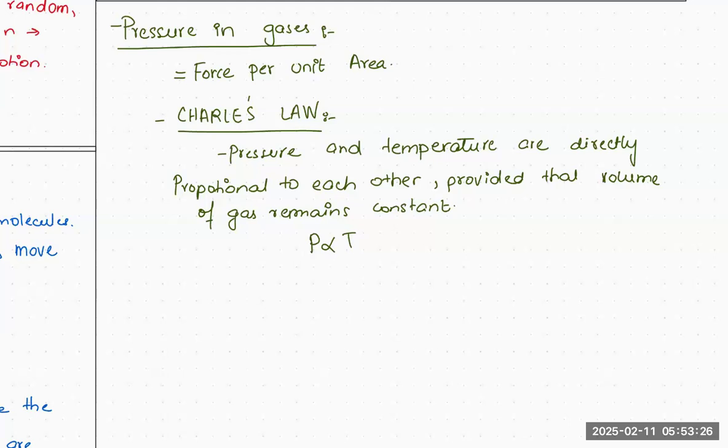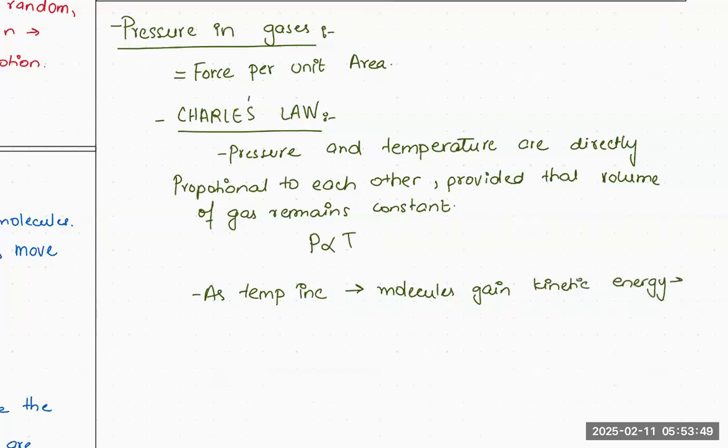As temperature increases, what happens? The molecules move faster. Molecules gain kinetic energy, and they will move faster. As they move faster, there will be more collisions with the wall of the container.